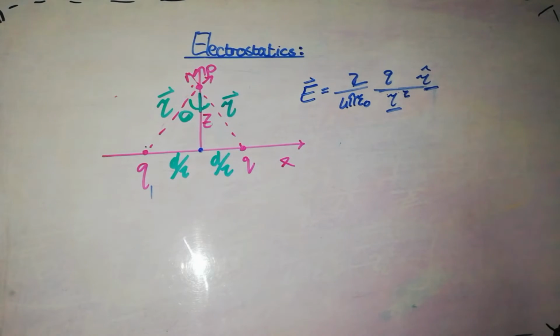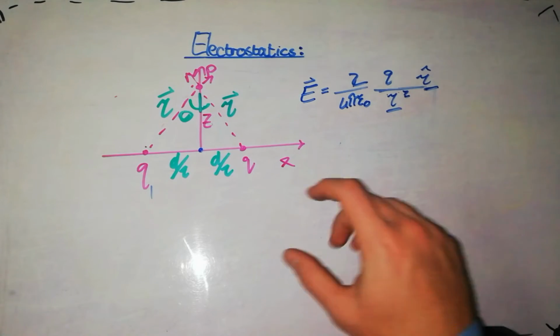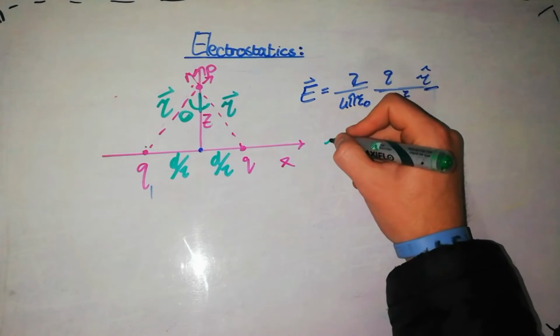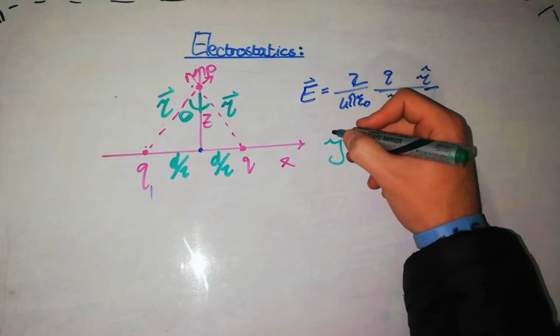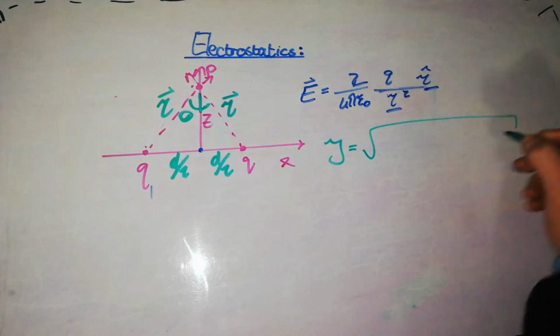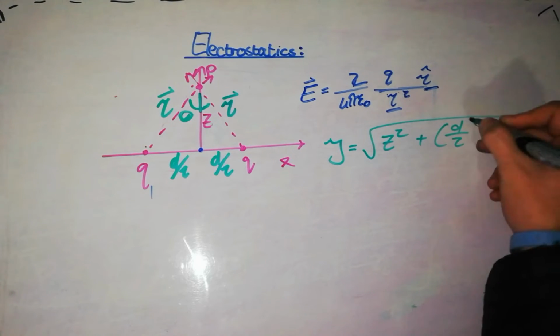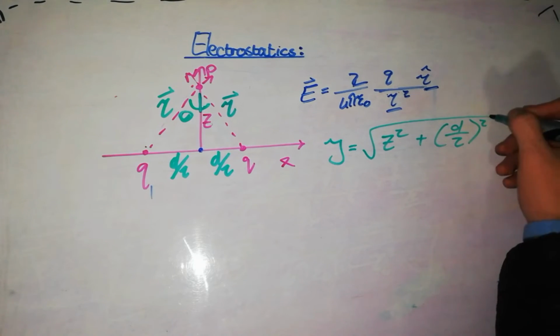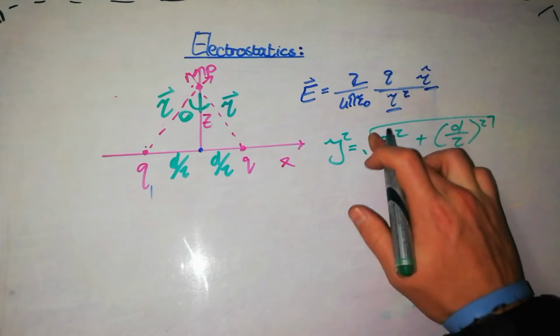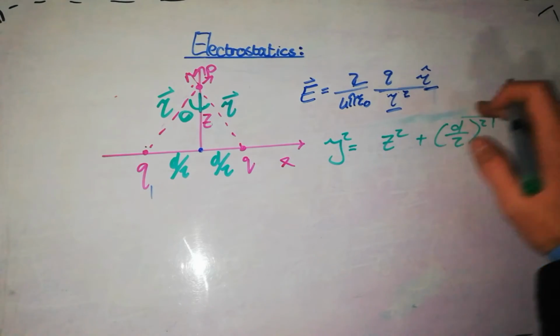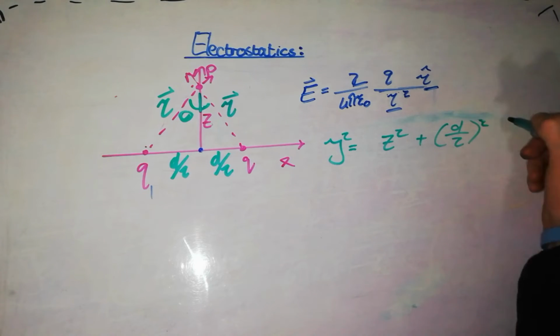So next up, we will have to define these separation vectors. Firstly, we know that we can define our separation vector as the square root, by Pythagoras, of z squared plus d over 2 squared. Okay, so there we go. And if we square this, we know that this just falls away, which is good stuff.